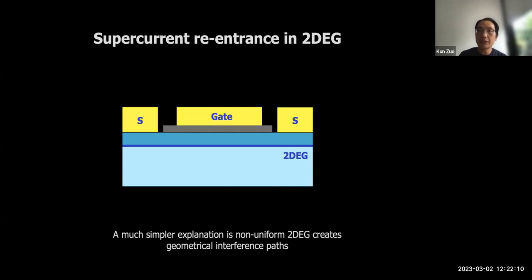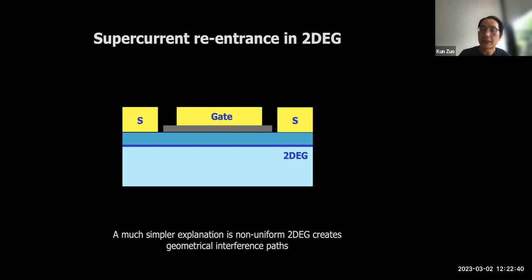We cannot guarantee that it is uniform everywhere. As long as you have variations in the 2DEG positions, the wave functions can pick up different phases at different locations, and then when you apply a high magnetic field, the supercurrent interference can still happen. That just provides one possible alternative explanation for the 2DEG system.